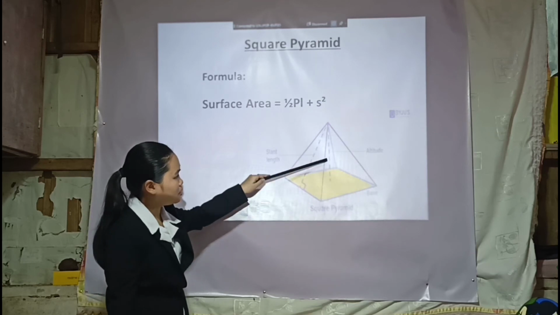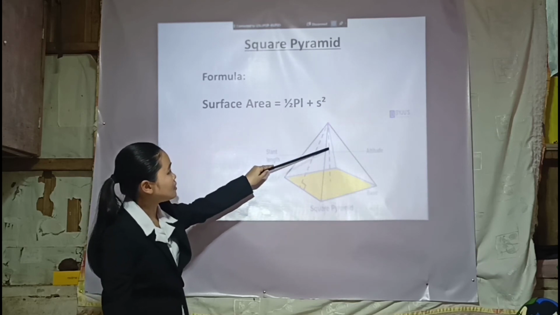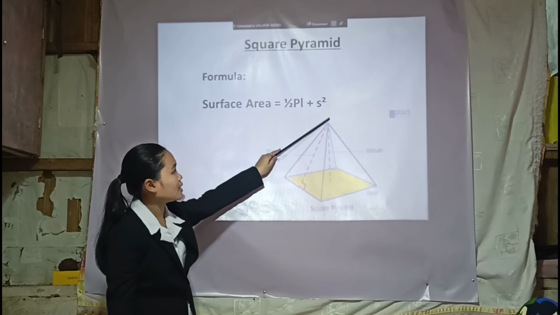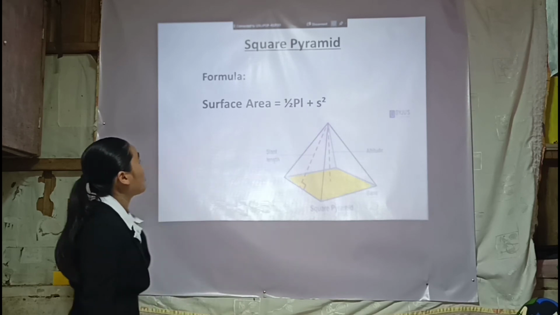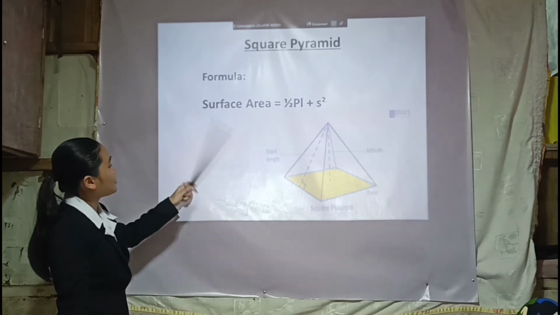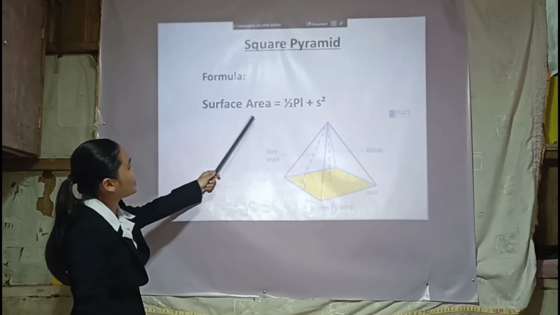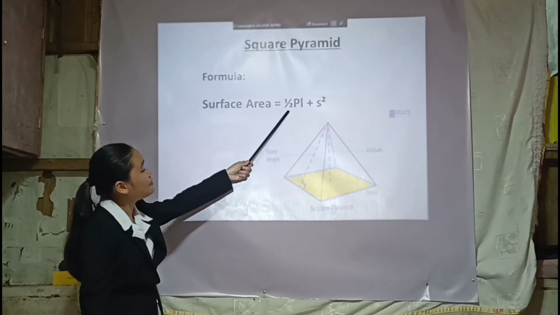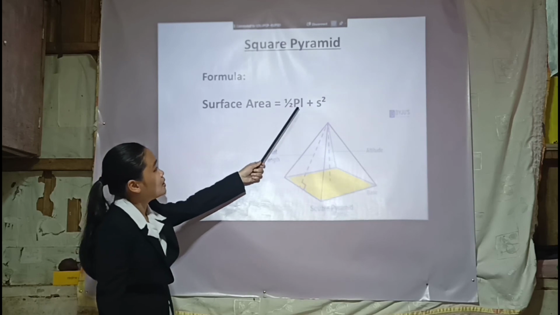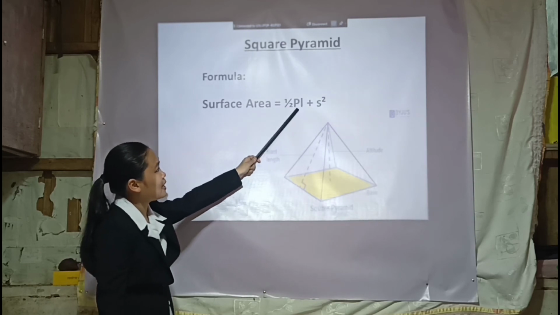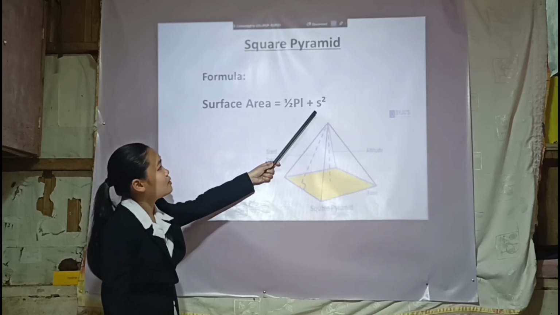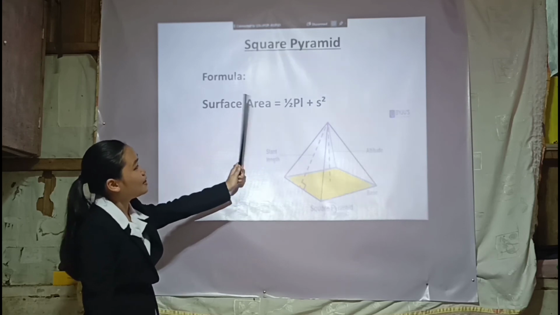The altitude is here, and the vertex is on the top. The formula of the square pyramid: surface area equals 1/2 times perimeter times L for the slant length, plus S squared for the base, for the side of the base.